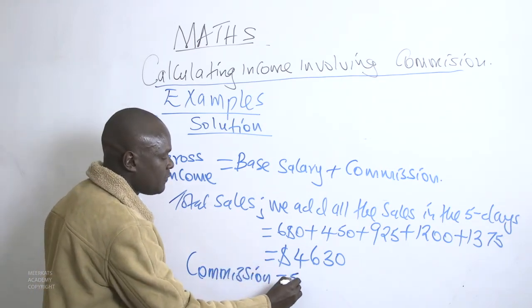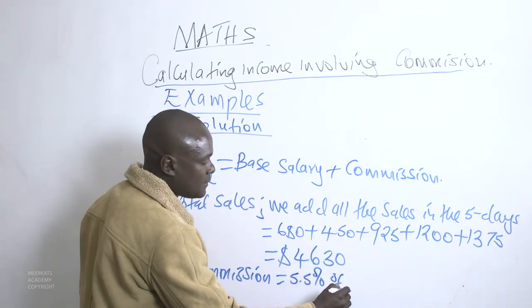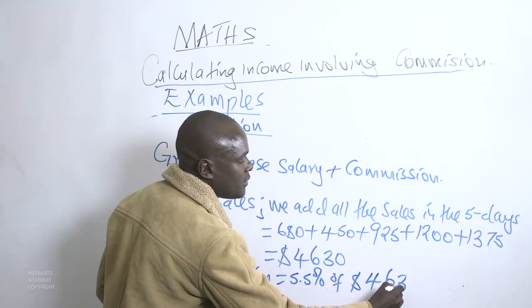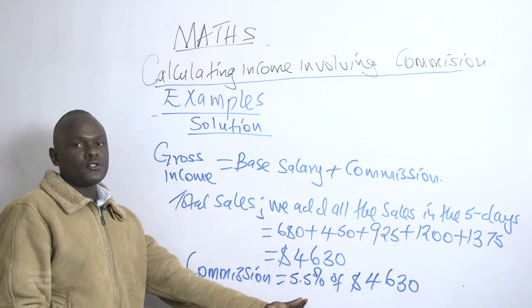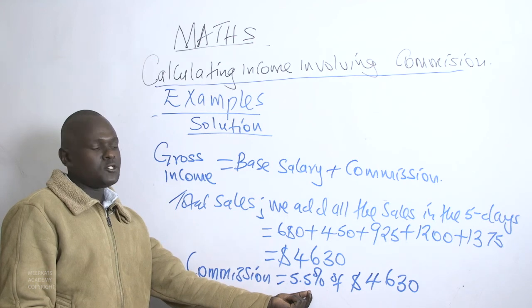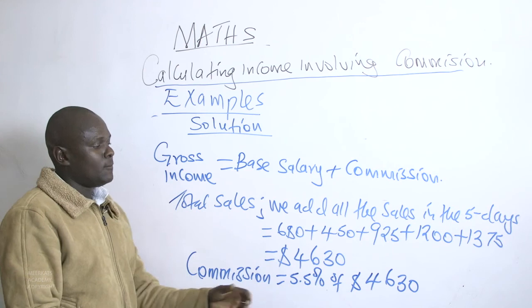And the commission is equal to 5.5% of the total sales, and in this case our total sales are $4,630. So for us to calculate the commission, we need to convert this particular percentage into a fraction or a decimal so that we can multiply with this total sales.